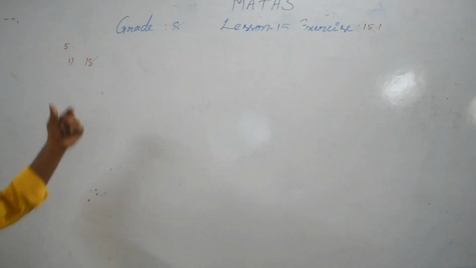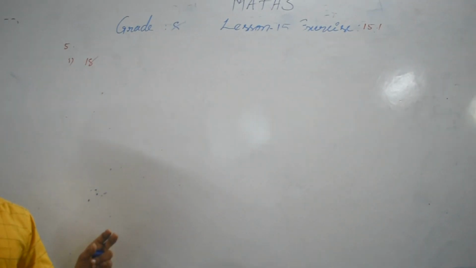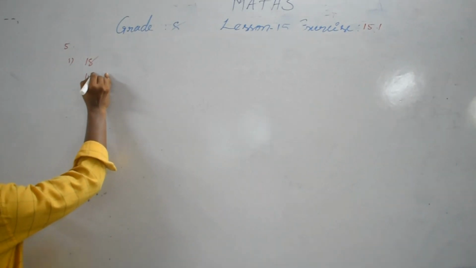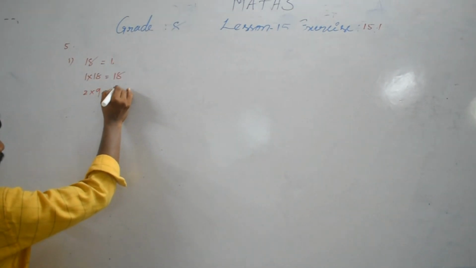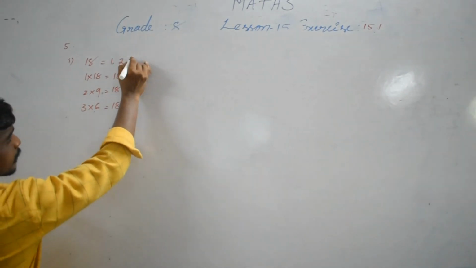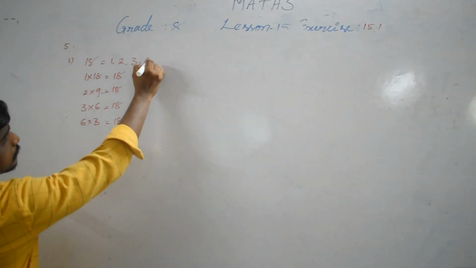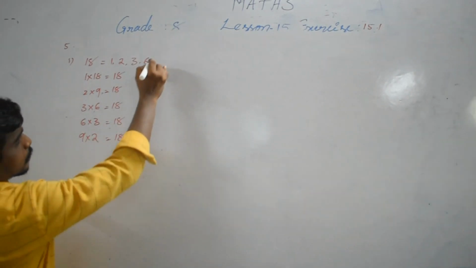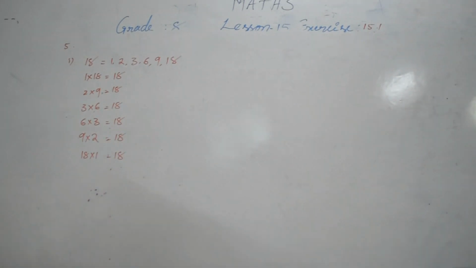We know what a factor is: a number by which 18 is divided. 1 times 18 is 18, so 1 is a factor. 2 nines are 18, so 2 is a factor. 3 sixes are 18, so 3 is a factor. 6 threes are 18, so 6 is a factor. 9 twos are 18, so 9 is a factor. 18 ones are 18, so 18 is a factor. Those are the factors.